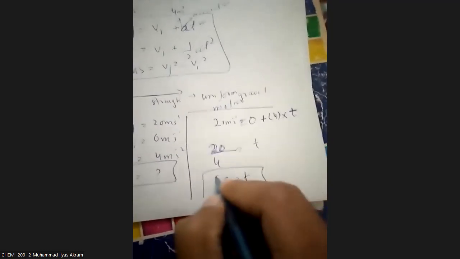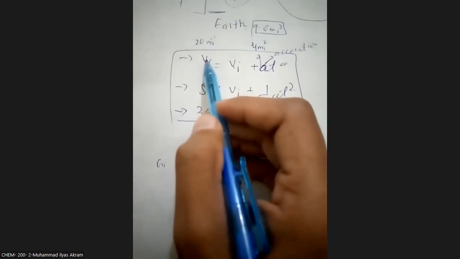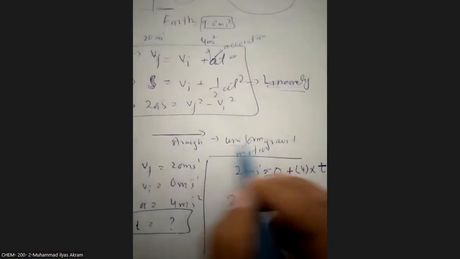This means the body moving with a velocity of 20 meters per second takes 5 seconds. Also, if we want to find the distance of a body that is moving linearly, all these terms are for the same motion: linear motion, uniform motion, or straight line motion. We always use these types of equations to solve numericals.